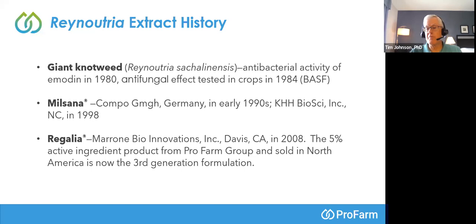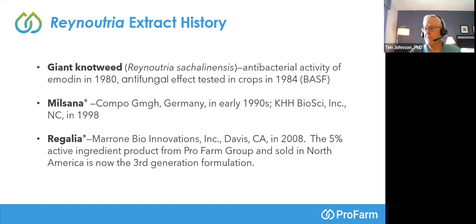Both of those companies developed a product called Milsana. The one in the US was able to get a non-food use label through EPA, and then with the help of the IR-4 program, got a tolerance exemption for food uses. That's the good news. The bad news is they were not able to develop a commercial production methodology. In 2008, Marrone Bio Innovations basically acquired that technology from KHH and the labels and so forth.